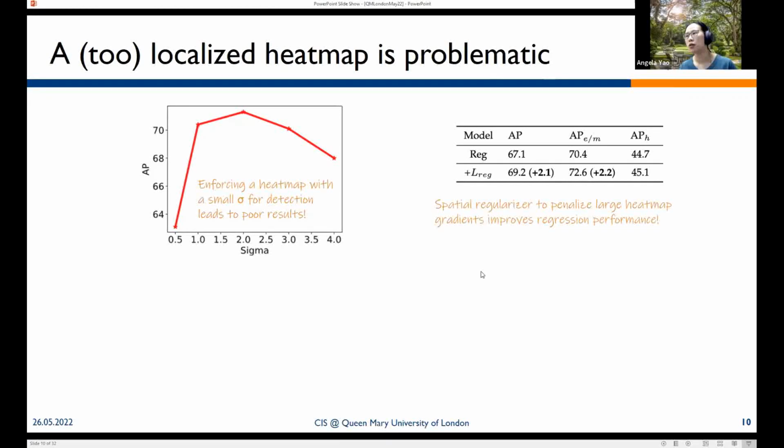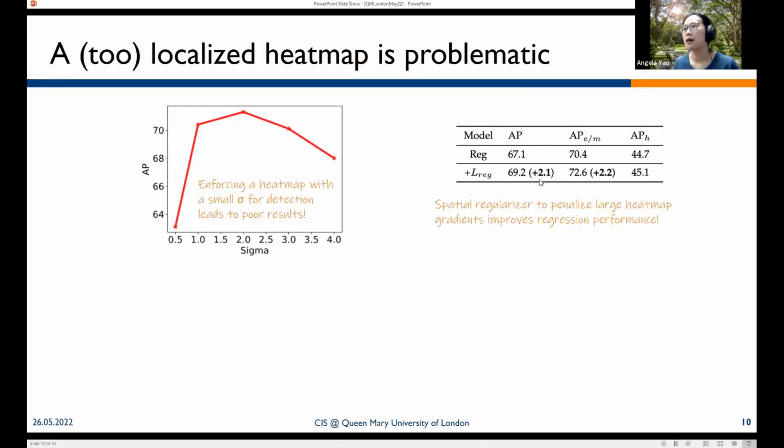And for the integral regression setting, we do the opposite type of experiment, where we enforce a regularizer to penalize very large heat map gradients. What I mean by heat map gradients is basically the delta between the neighboring pixels on the heat map. If we penalize these large differences, then presumably you will have a smoother or more dispersed heat map.